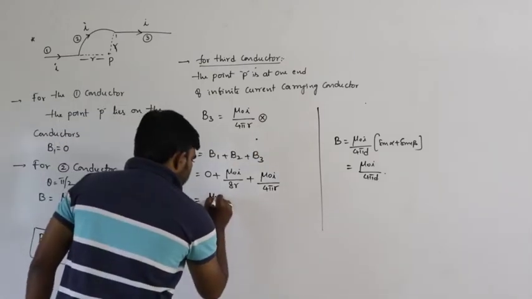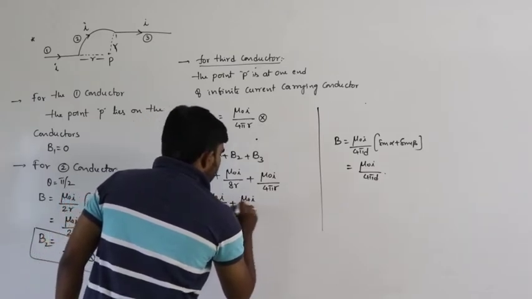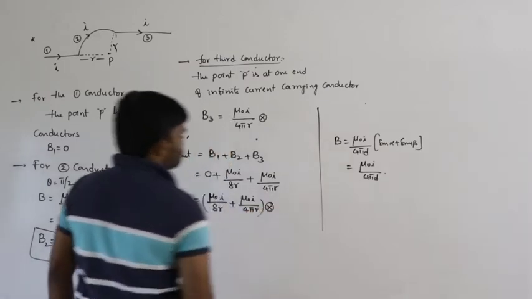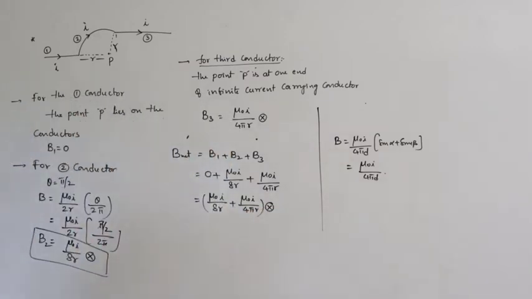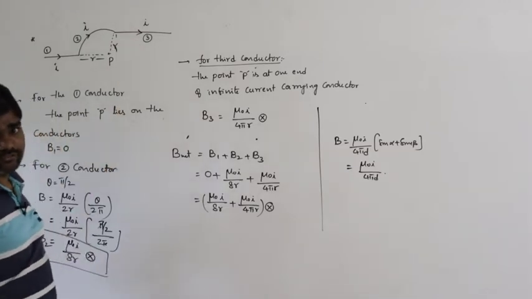So the net magnetic field is mu naught I by 8r plus mu naught I by 4 pi r, and the total field is acting inwards. This is the way to calculate the magnetic field due to this shape: one straight conductor, one circular, and again a straight conductor. Three different shapes.